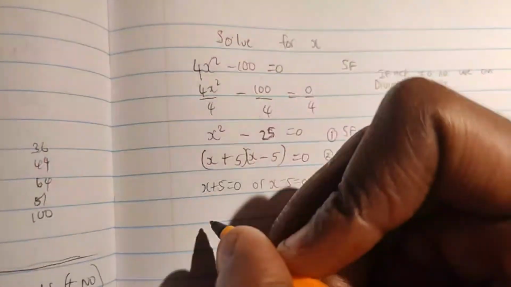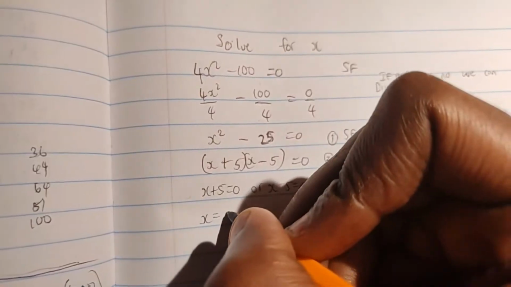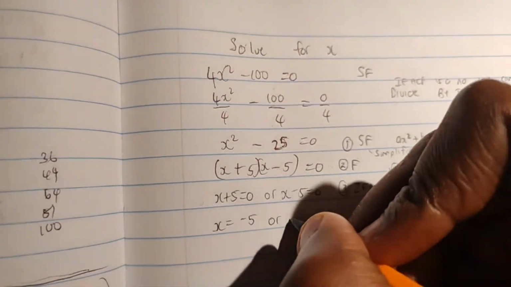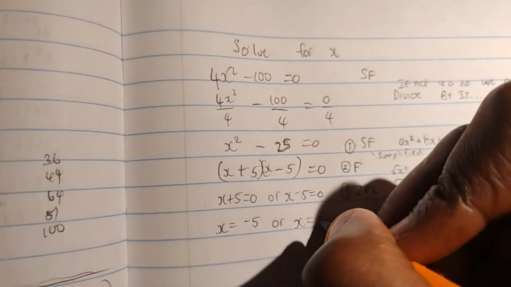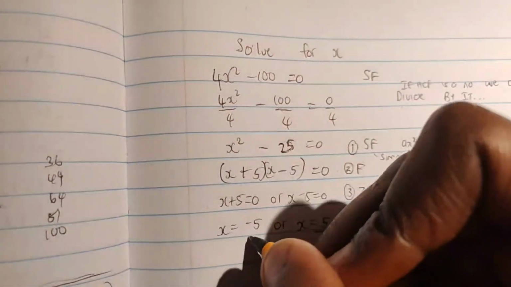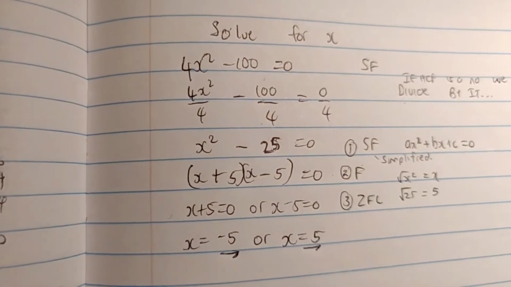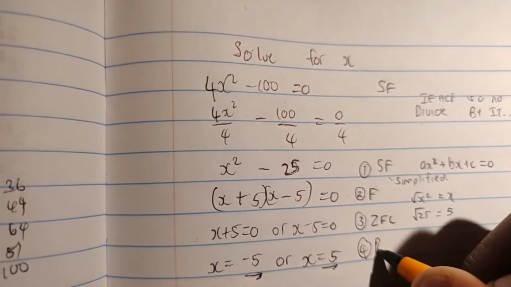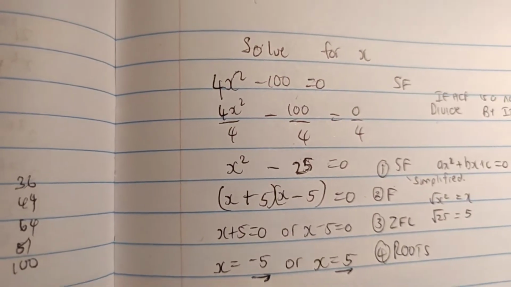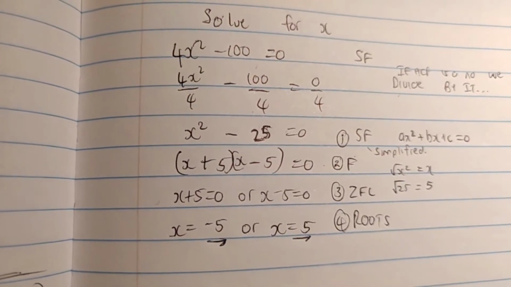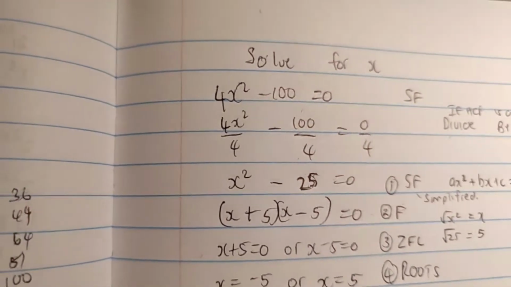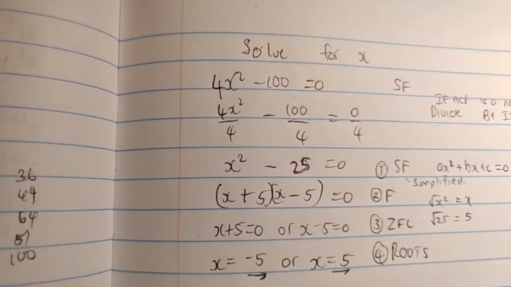Then we go ahead and isolate the x. x is equal to negative 5, or we isolate the x for this one, x is equal to positive 5. So these we refer to as our roots of the equation. Okay, and that basically is how we arrive at that answer.